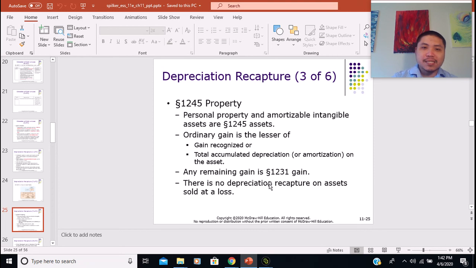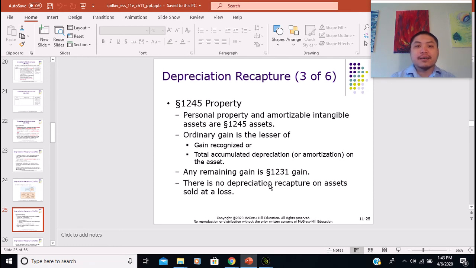For this asset, as I said, when you apply the depreciation recapture rule, the gain generated from the accumulated depreciation is going to be recaptured and treated as an ordinary gain.